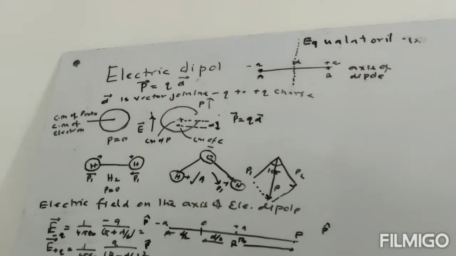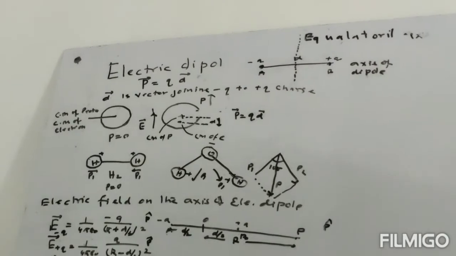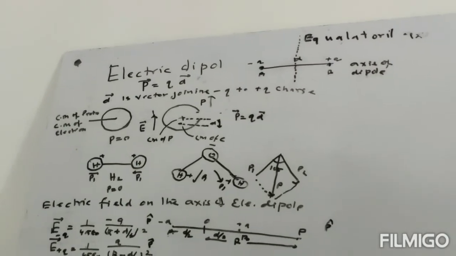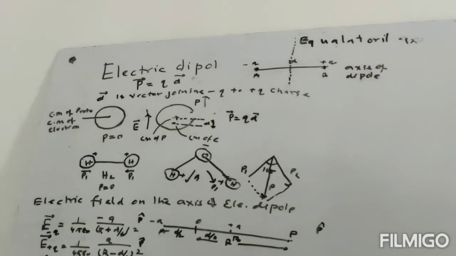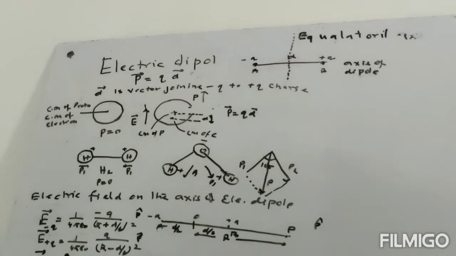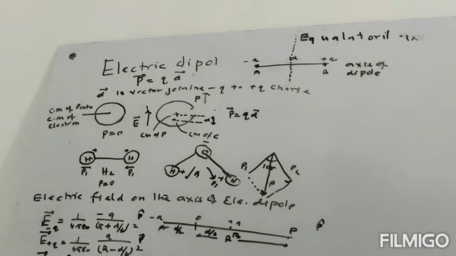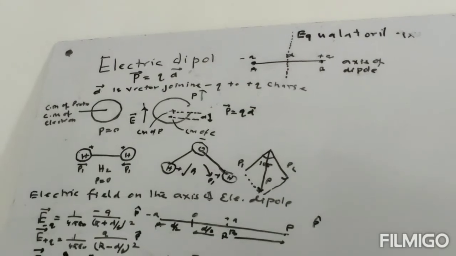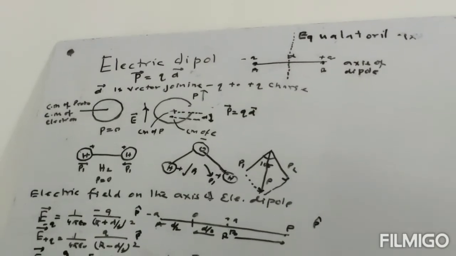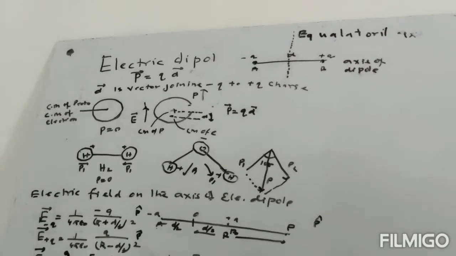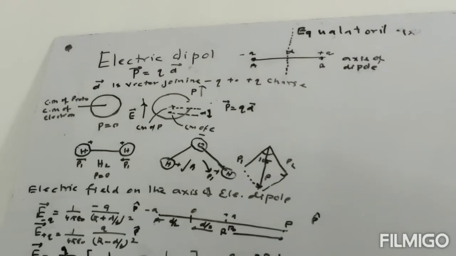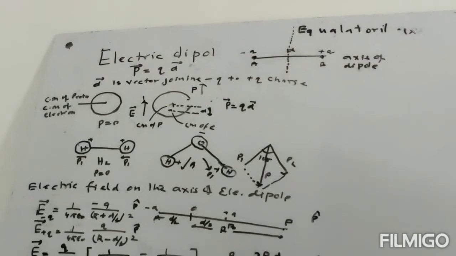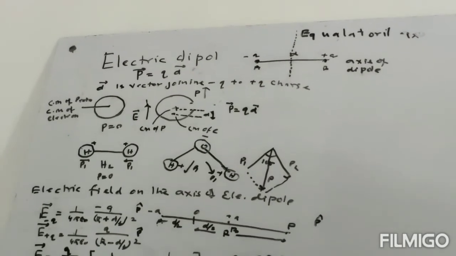In the normal atom, the center of mass of positive charge, that is proton, and the center of mass of negative charge, that is electron, coincide at a point. Hence, the dipole moment of such an atom is 0, or we can say such an atom is a non-polar atom.